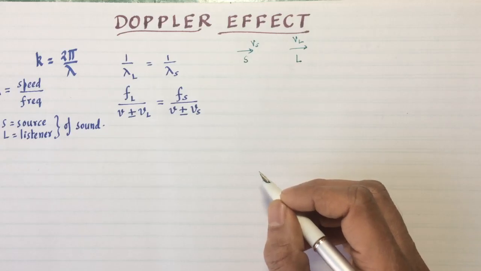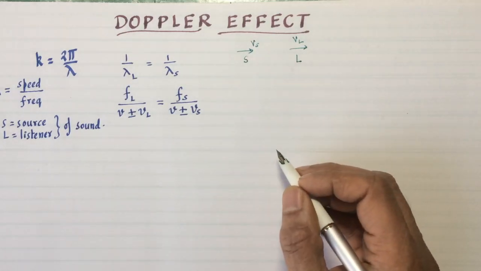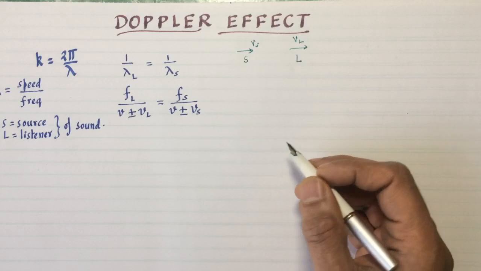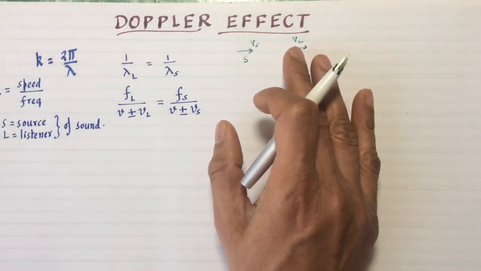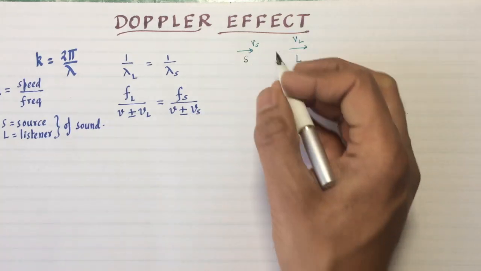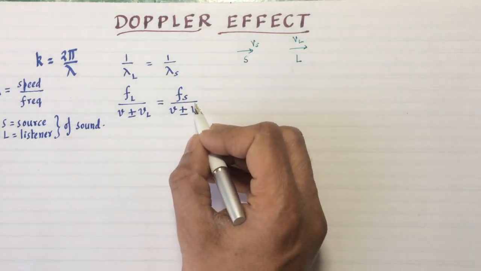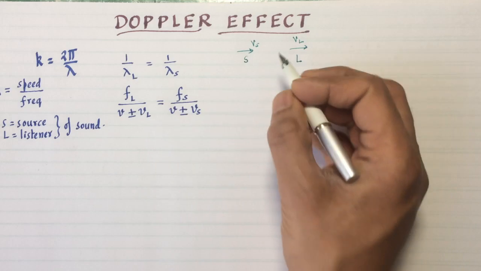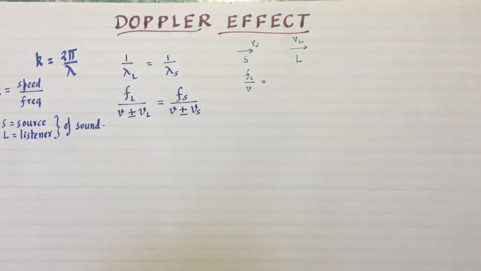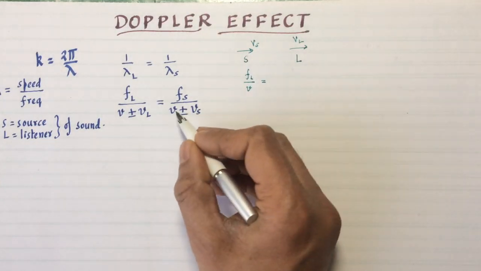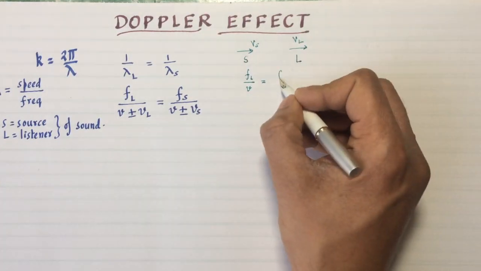What are you going to be hearing in terms of the frequency? Well, first of all, the best way to do these problems is to imagine that you are not moving. If you're not moving, you're going to hear the maximum effect. So if you're not moving, VL is 0. So I'll write this as FL over V, V being the speed of sound, is equal to Fs.